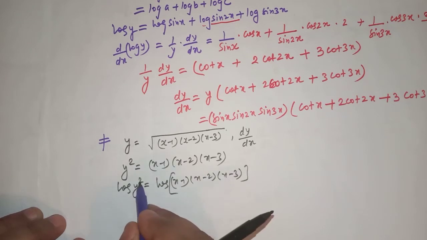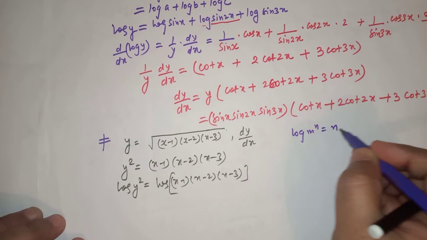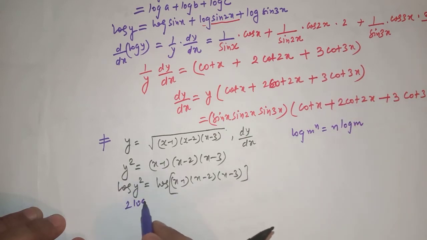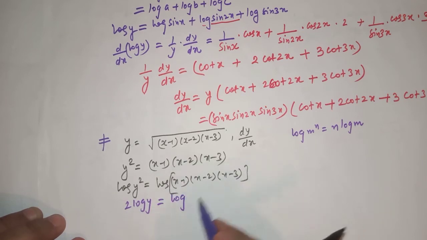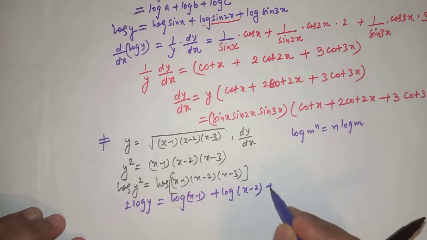Now by this property, log m raised to n is equal to n log m, we'll have 2 log y. Clear? And here we'll apply the product rule for logarithms, that is log of x minus 1 plus log of x minus 2 plus log of x minus 3.